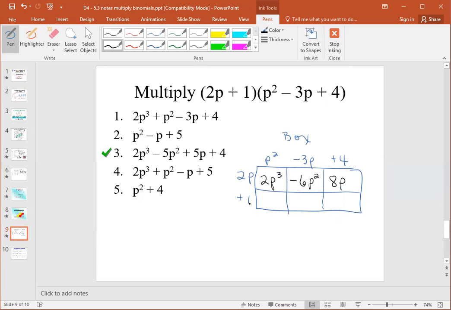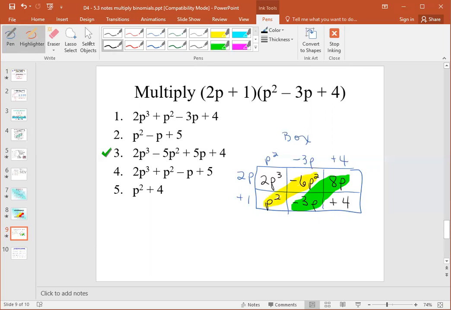Now we're going to the bottom row. 1 times p squared is just p squared. 1 times negative 3p is negative 3p. And 1 times 4 is positive 4. Just like before, we will need to combine some things. We want to combine these p squared terms together, and we also want to combine these p terms together.